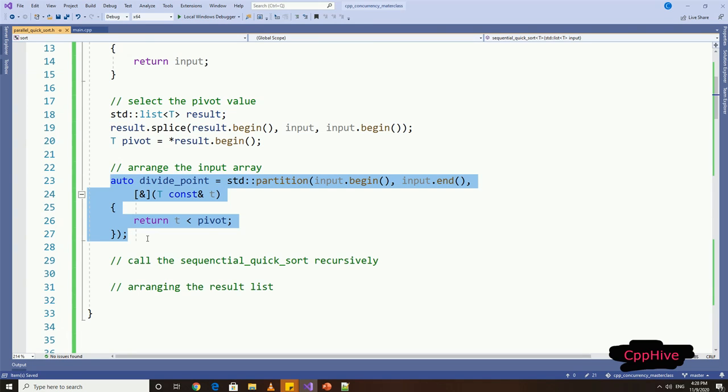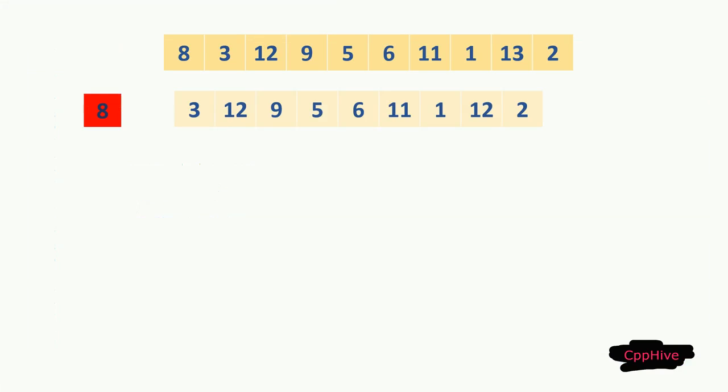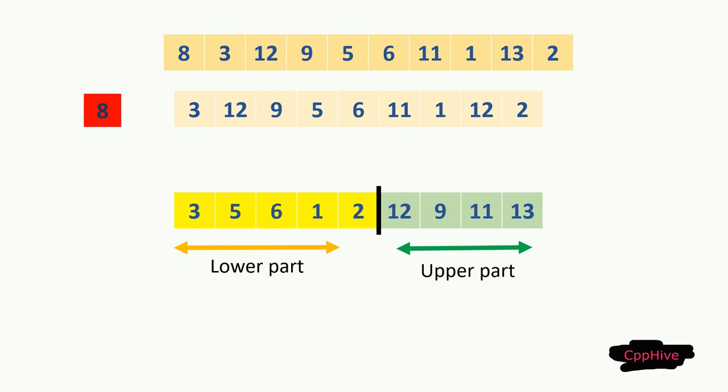This function call will arrange the elements in the input array as we need. So after the partition function call, the input array in this demonstration would look like this. Notice the black vertical line in the middle, which is the pointer returned from the std::partition call, and all the values to the left of this line are less than the pivot value, and all the values to the right of this line are higher than the pivot value, just as we expected.